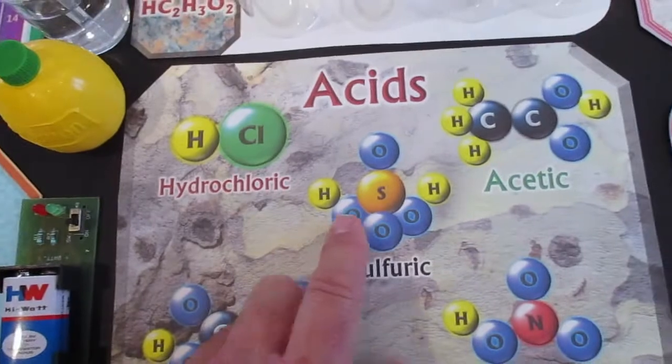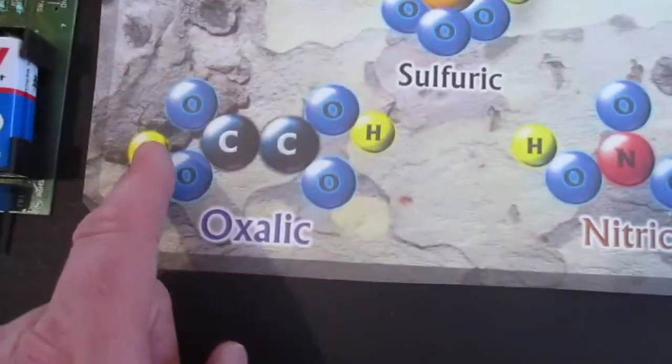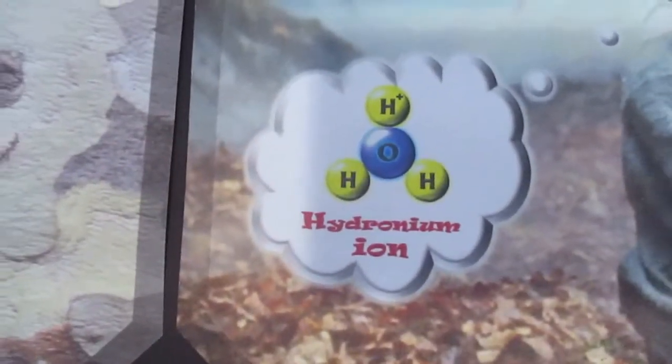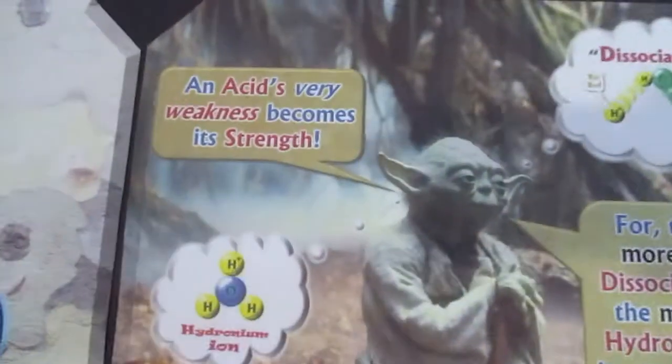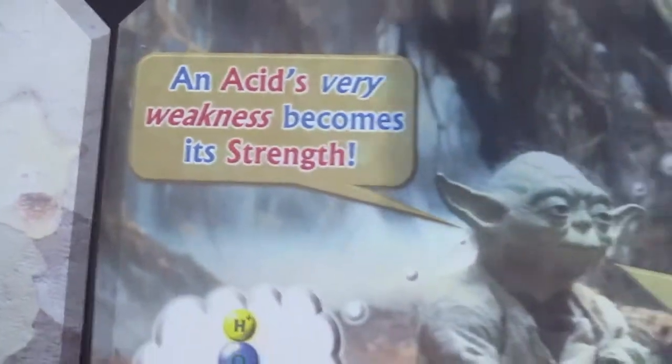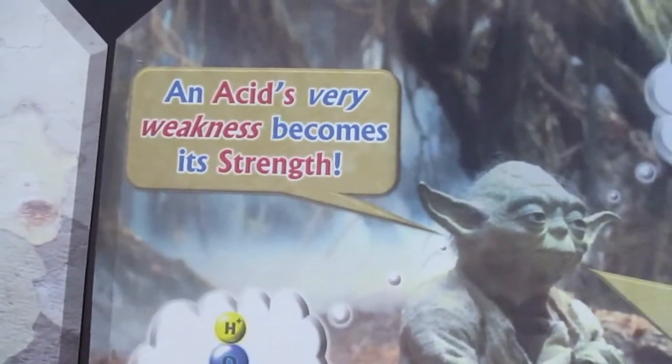Every acid has hydrogen that can come off and generate hydronium. And once you generate hydronium, that's what does all the work that acids get credit for. That's really what reacts with the base metals, most of the metals. So, as Yoda says here, an acid's very weakness becomes its strength.